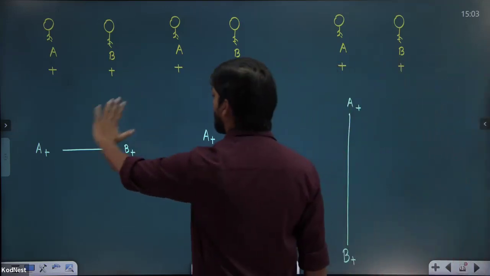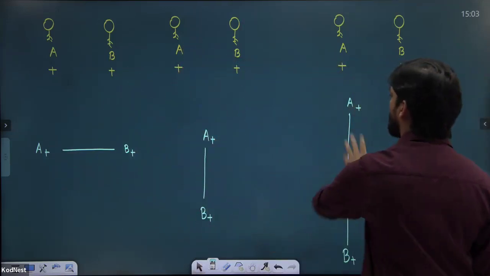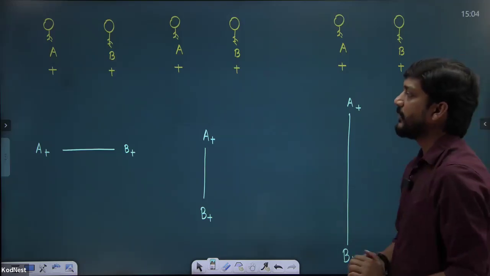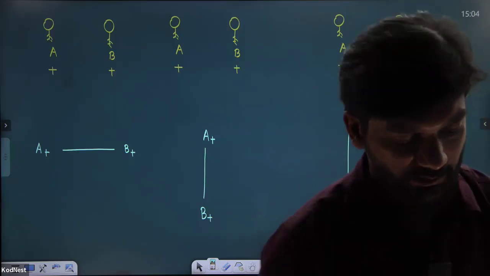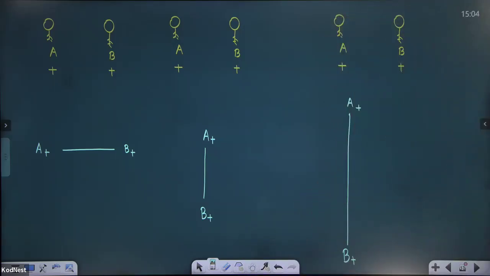This is one separate, this is one separate, this is one separate. Son, father. Okay, giving you one hint. If A and B are written on the same level, that means they belong to the same generation.